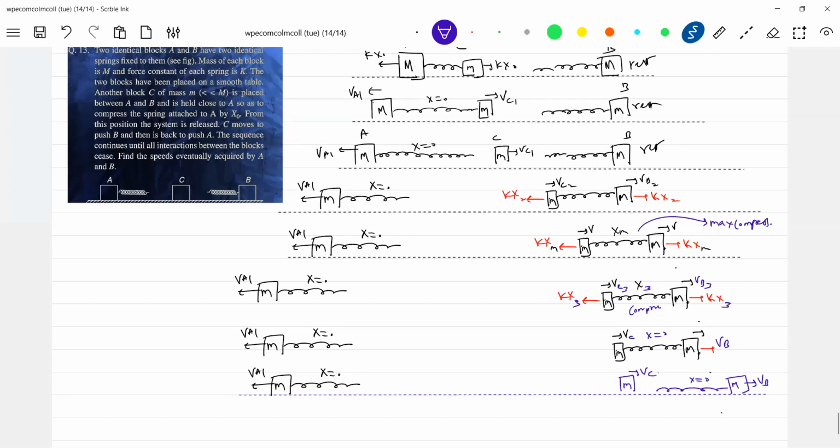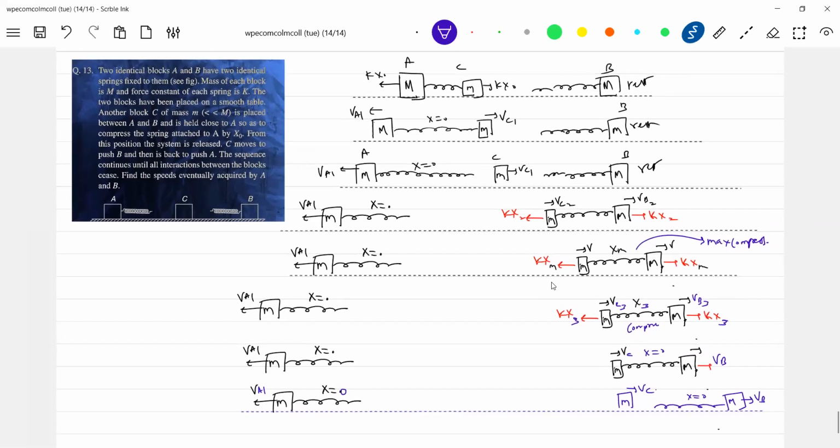He's asking to find the speeds eventually acquired by A and B. The question is about testing your basic fundamentals, nothing to do with any concept. The diagram speaks a lot. So how you apply all the things, this is the final.